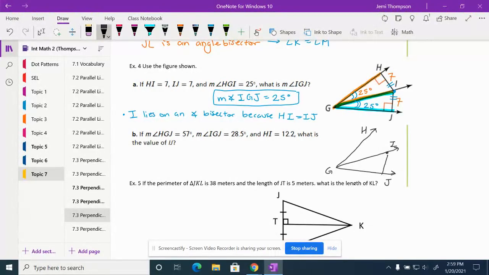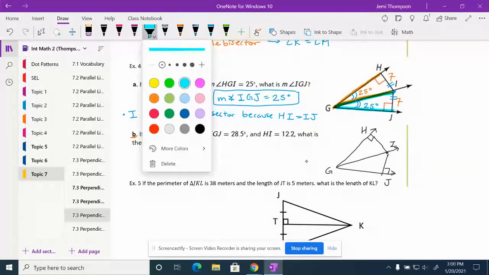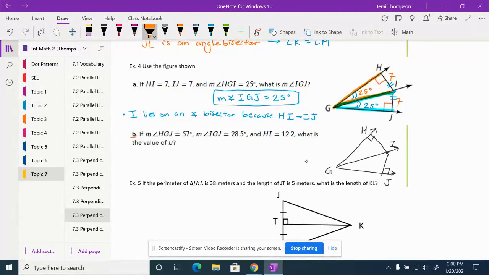So let's see, I have a point here. This is perpendicular. And I have a point here, and this was perpendicular. That's the information they gave me, part of the original picture. Then I can add into it information provided in problem B. HGJ, so this whole angle here, is 57 degrees.